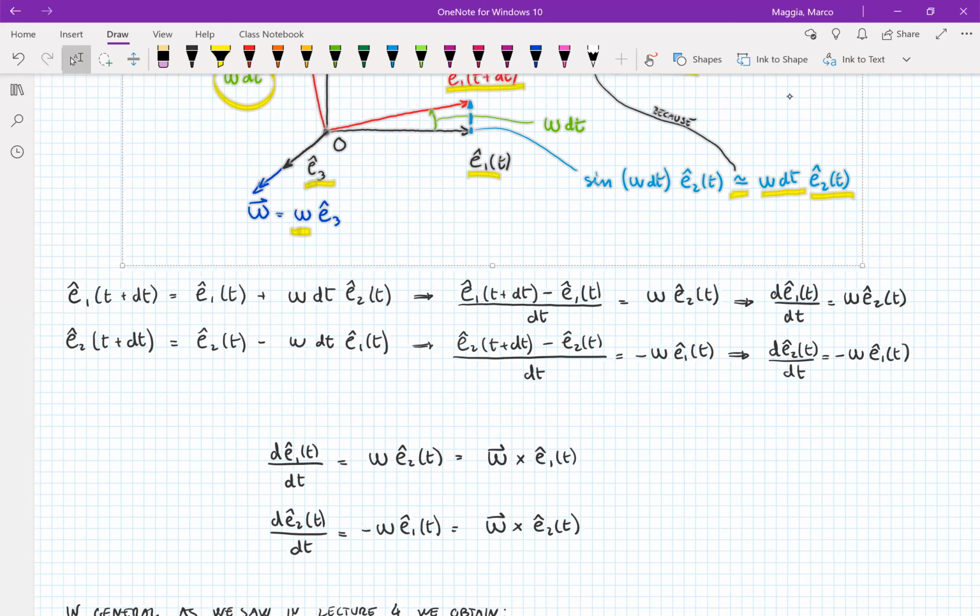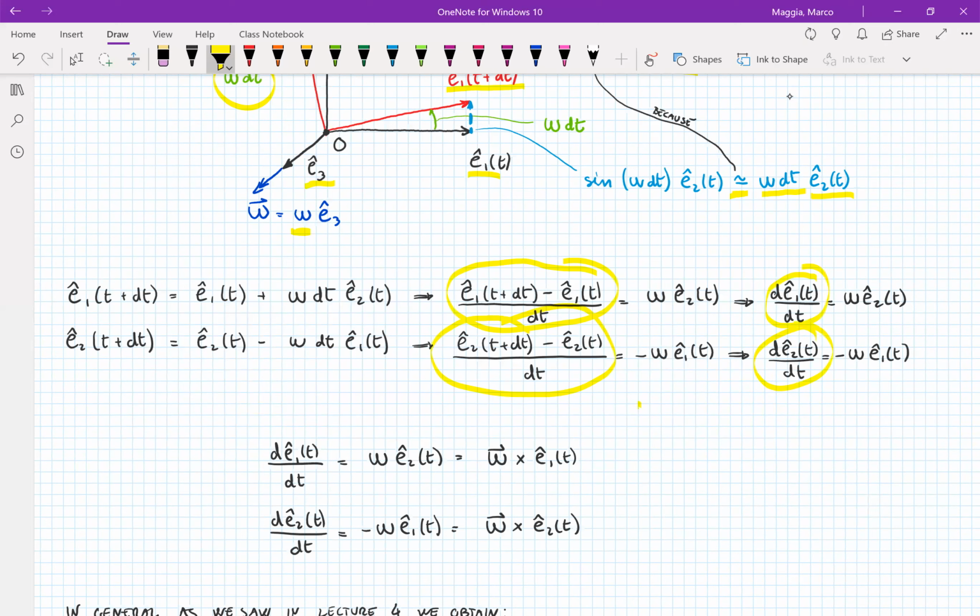Now, if we take the difference between these two vectors and we divide everything by dt, we have the time derivative of such vectors, which are equal to omega E2 and minus omega E1, which you can also express as dE1 over dt equals omega cross product E1 itself, and same thing for E2.